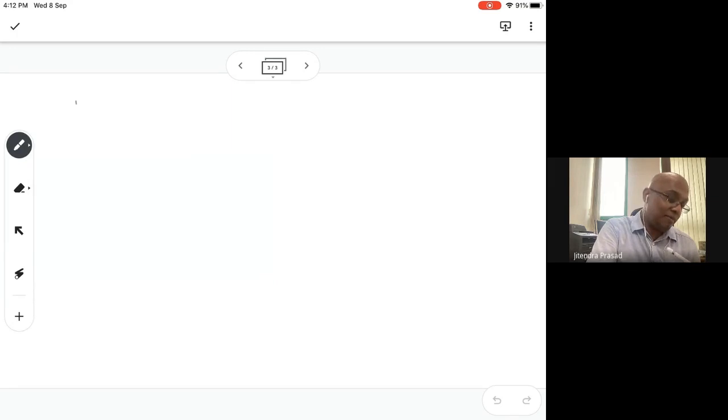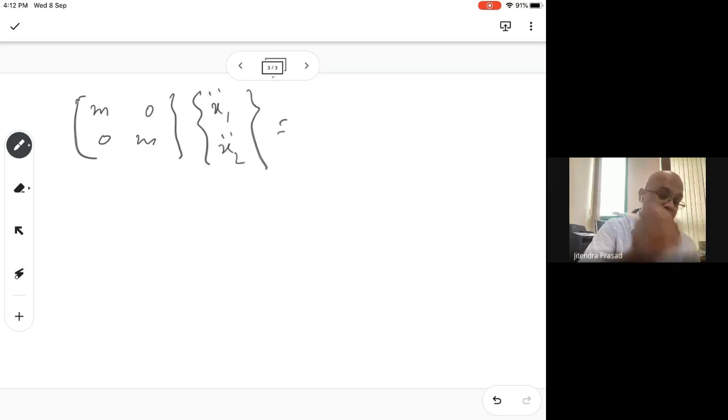So what will be the form? First we have the M matrix, M 0 0 M, and then x1 double dot, x2 double dot, plus, not equal to.